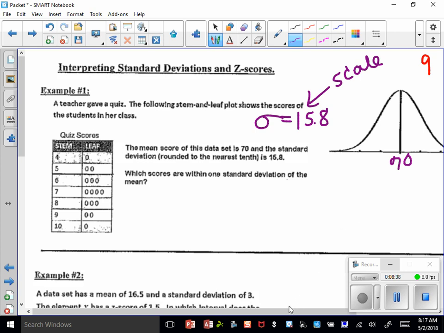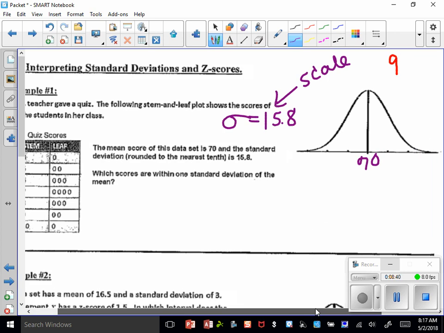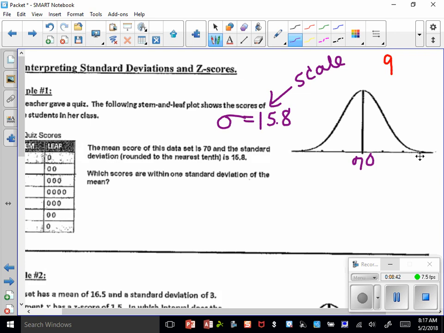So each standard deviation will be plus 15.8 from 70 going to the right, and going to the left, we'll subtract 15.8. So 70 plus the 15.8 will give us 85.8. That will be one standard deviation. All right, so two standard deviations will be 101.6.